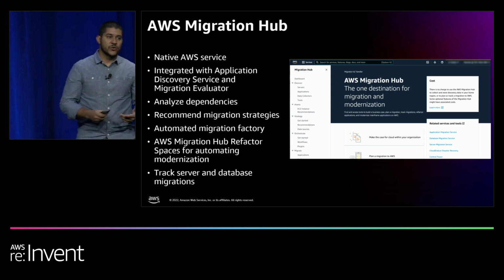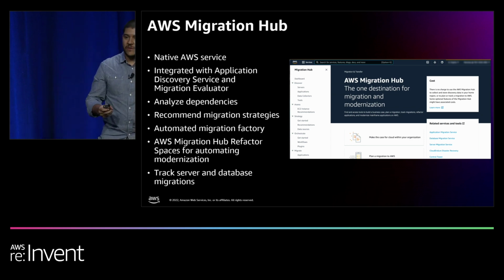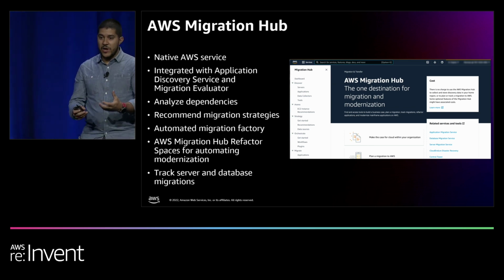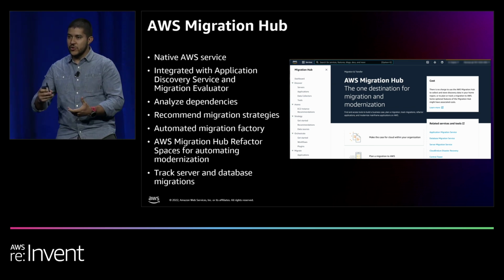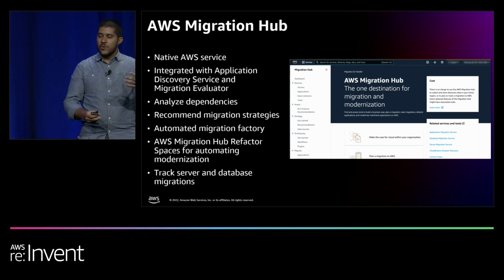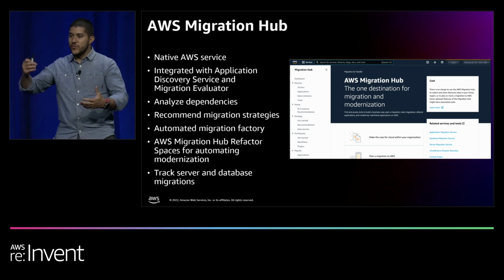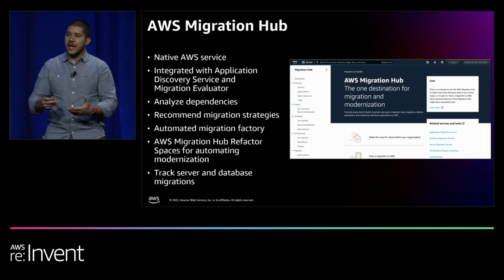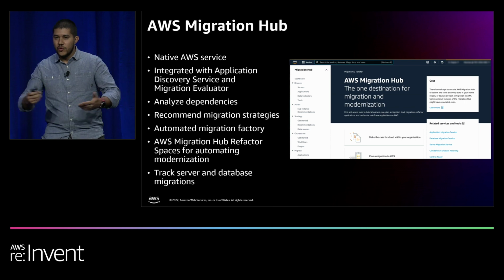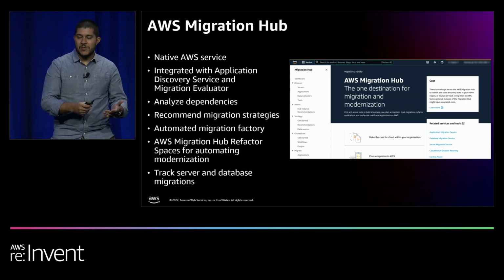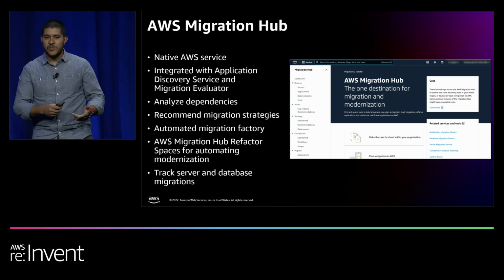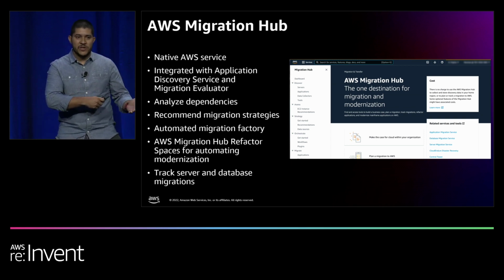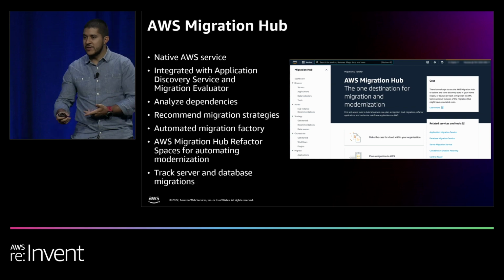And also for those who are modernizing your environment, we have the refactor spaces feature that help us to create and manage AWS infrastructure. Meanwhile, the new applications need to integrate with the existing ones. So refactor spaces help us on that. And also Migration Hub can track migration server and database migrations performed by MGN, Application Migration Service, and also Database Migration Services.